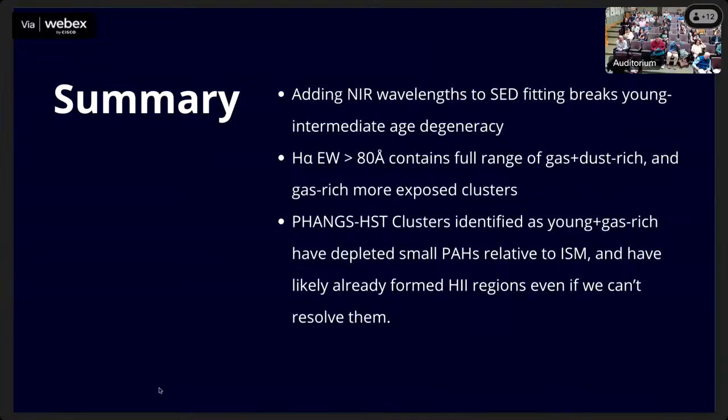Yeah, so when we first got this data, I did a bunch of looking at MIRI. Now I am once again looking at MIRI. I would say that MIRI seems likely to be very useful for our young gas-rich clusters, because when you look at the MIRI, they have extremely coincident and bright MIRI emission.